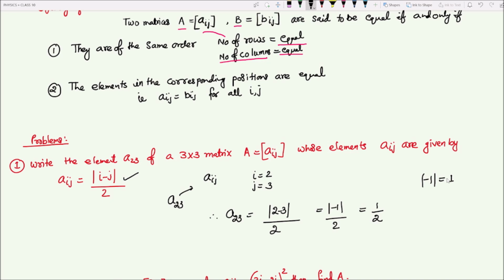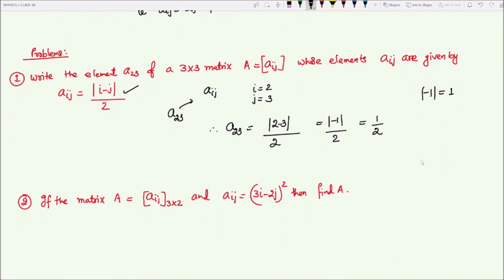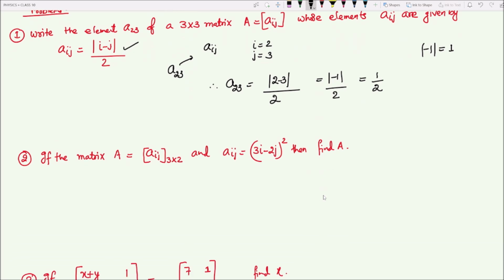Now the second problem is, if the matrix is of order 3 into 2 and aij is equal to (3i minus 2j) squared, then find A. We have to construct the matrix. So we have 3 rows and 2 columns.